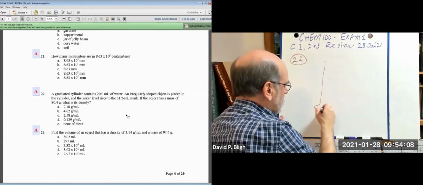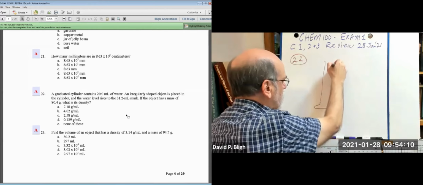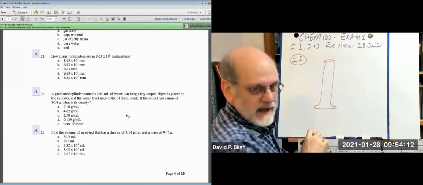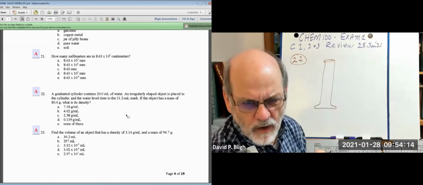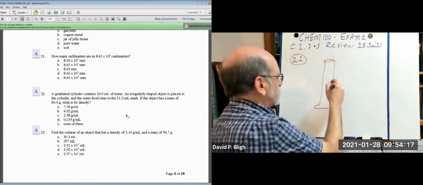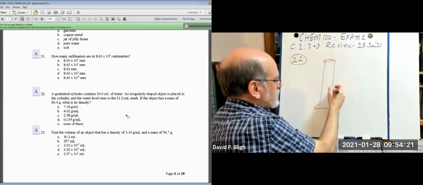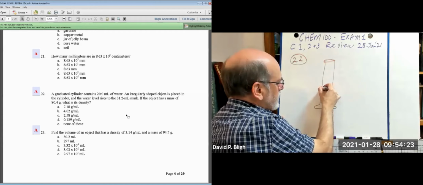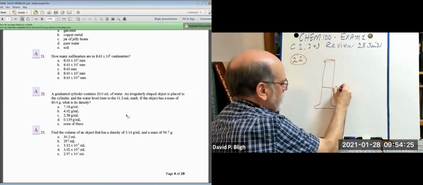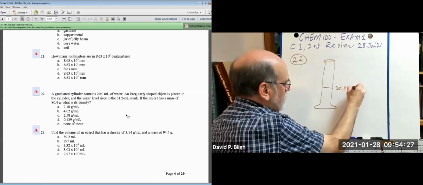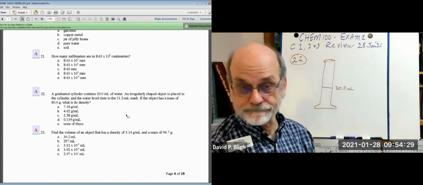Graduated cylinder. It contains 20.0 milliliters of water. So let's say it's a 50 milliliter graduated cylinder. 20 will be about right here. That's 20.0 milliliters of water.